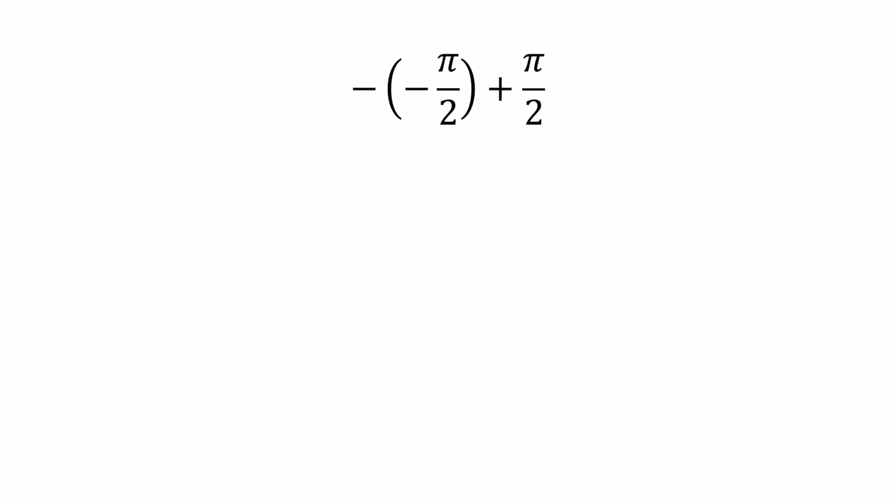Multiplying, we get pi over 2 plus pi over 2. Adding then gives 2 pi over 2. Dividing, we arrive at a final answer of pi.